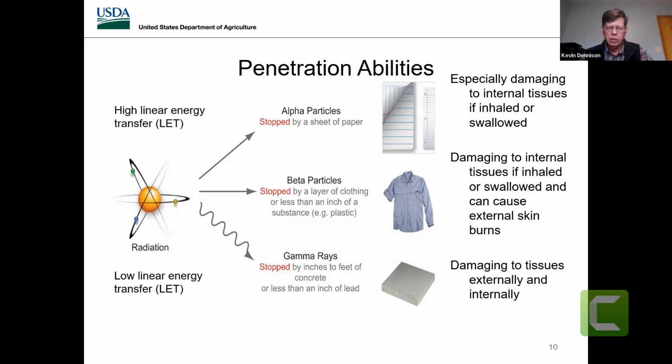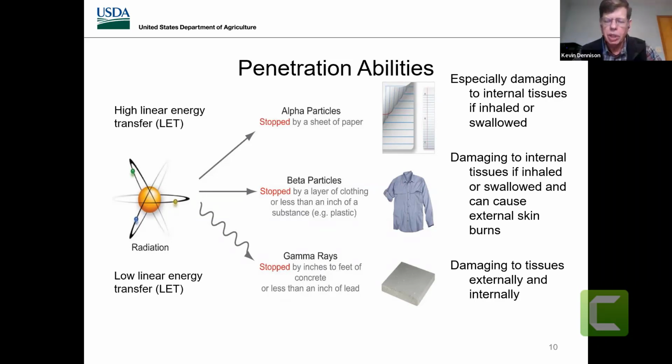And the next one is the beta particles, the electrons. A layer of clothing, or less than an inch of plastic, usually is enough to screen from that. If you do get beta emitting radionuclides contaminating your skin, it can cause a beta burn, or like a severe sunburn. And so we do worry about those coming in direct contact with the skin.